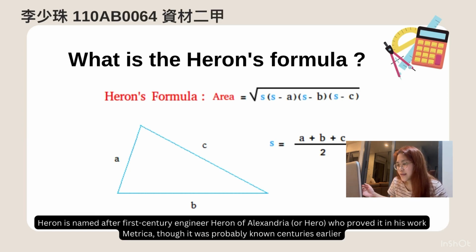The formula is named after the first century engineer Heron of Alexandria, or Hero, who provided it in his work Metrica, though it was probably known centuries earlier.